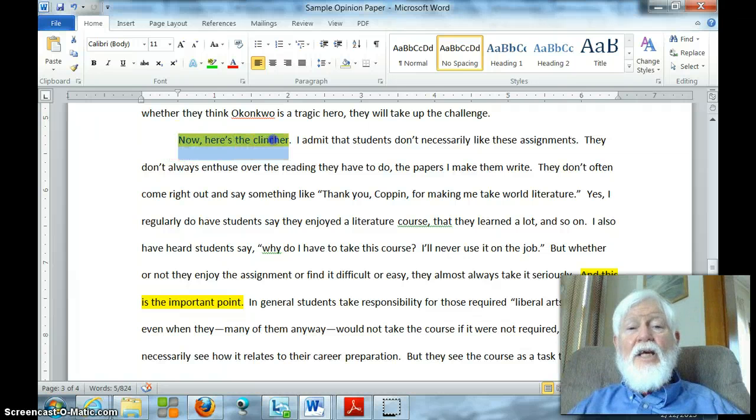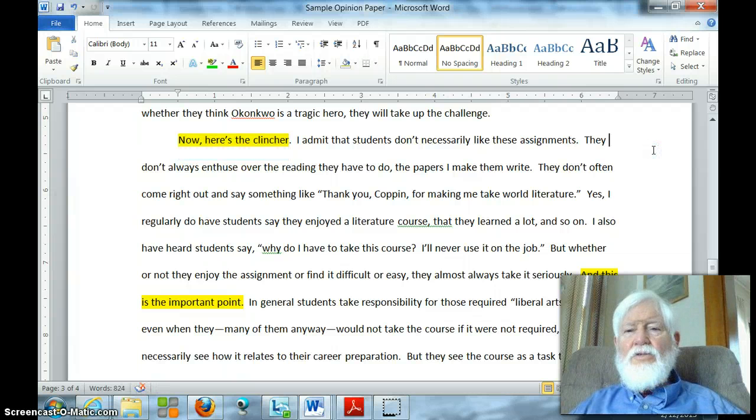There's got to be a main point. There's got to be a thesis for a paper, right? Now here's the clincher. The writer is announcing his main point. It's coming up, folks. He hasn't actually stated it here. He's simply giving you a little road sign here. Start looking for my main point.